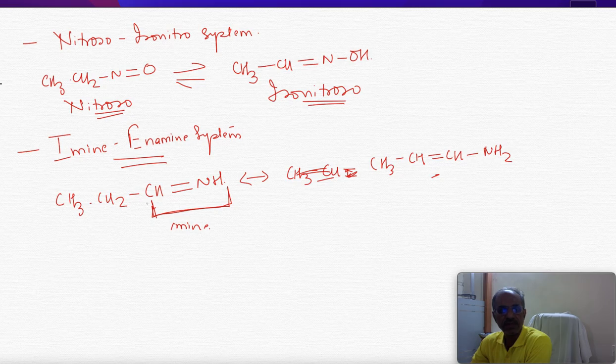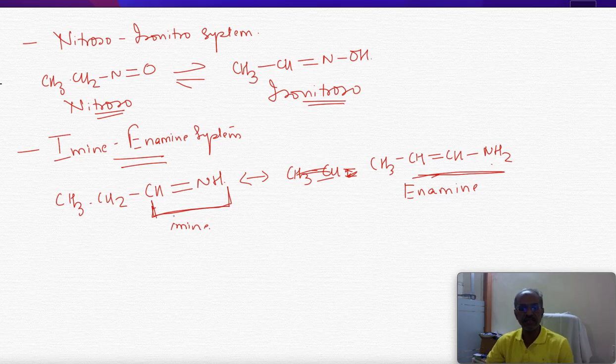This is the imine, this is the acidic hydrogen atom, right? So this is enamine. Enamine is what? C double bond C bonded to an N is known as enamine, and C double bond N is known as imine. Right? So these are the different systems of tautomerism.